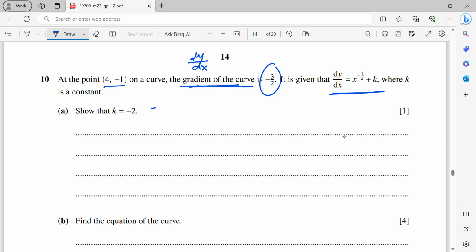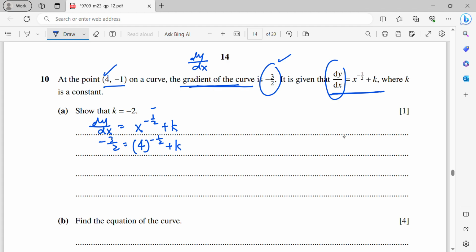Alright, so now I will replace dy/dx by negative 3 over 2 when x is 4. So dy/dx is x to the power of negative half plus k. When dy/dx is negative 3 over 2, x is 4. So this is 4 to the power of negative half, then plus k.